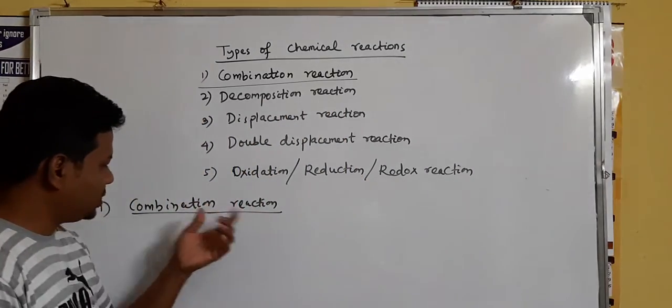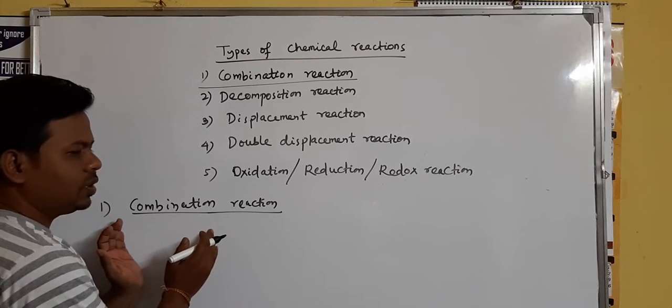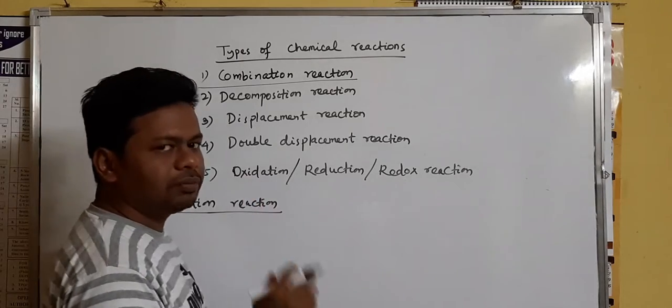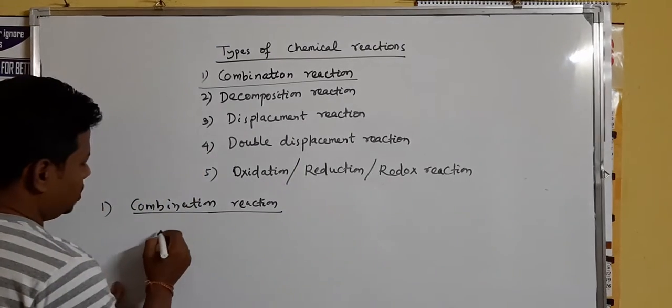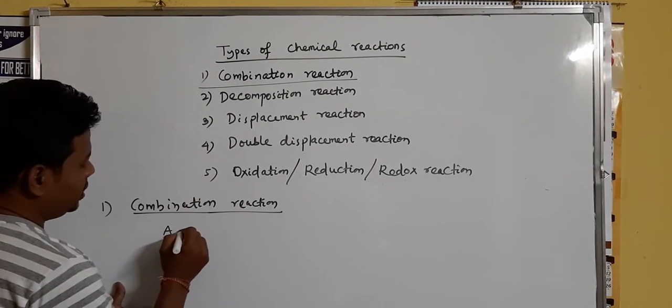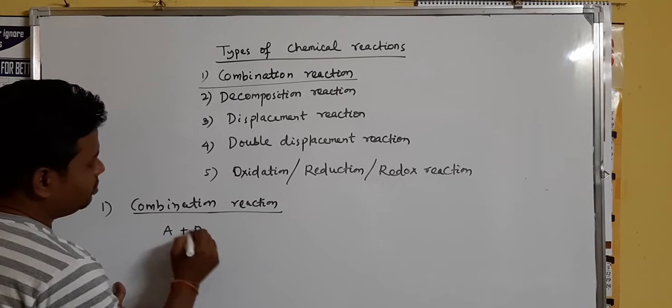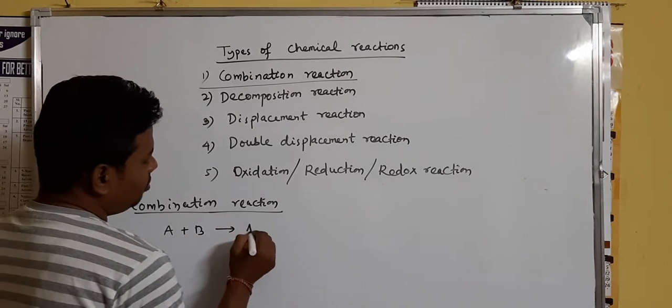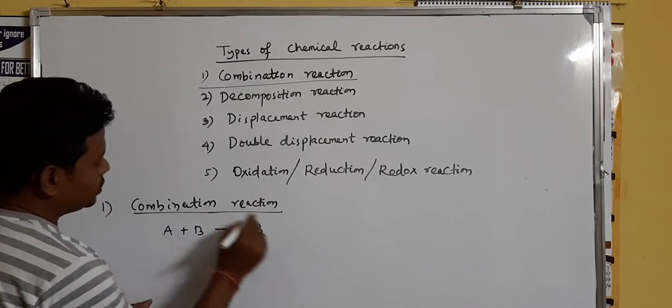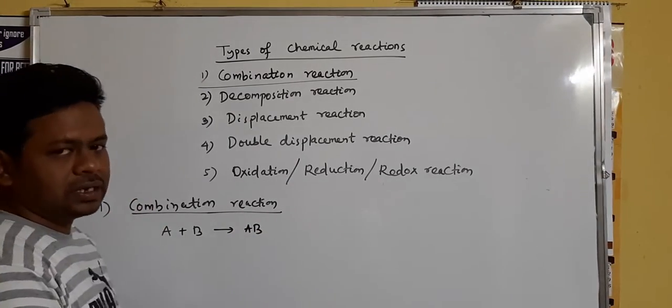For example, A is a reactant, B is a reactant. When these two reactants combine and form a single product AB, this can be called a combination reaction.